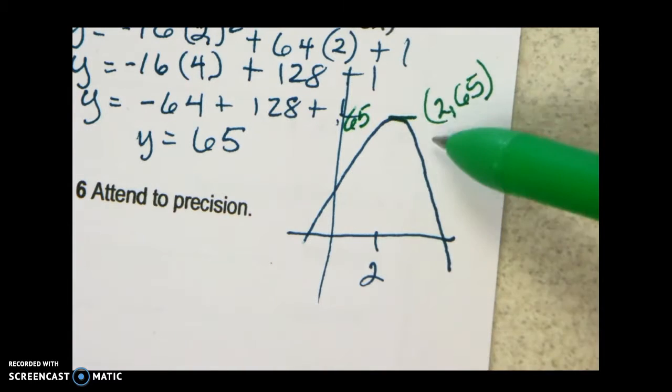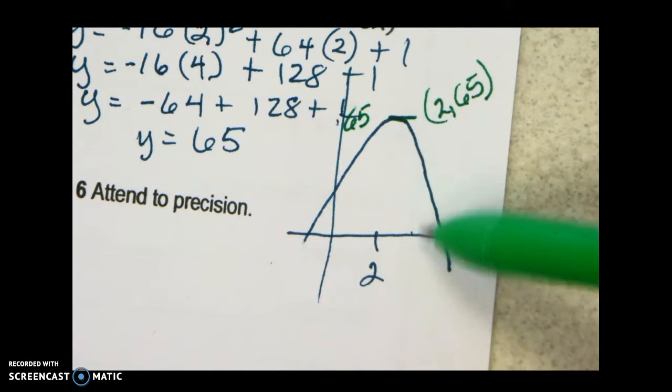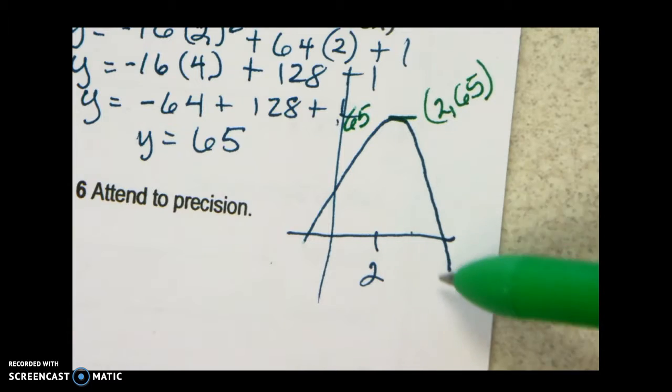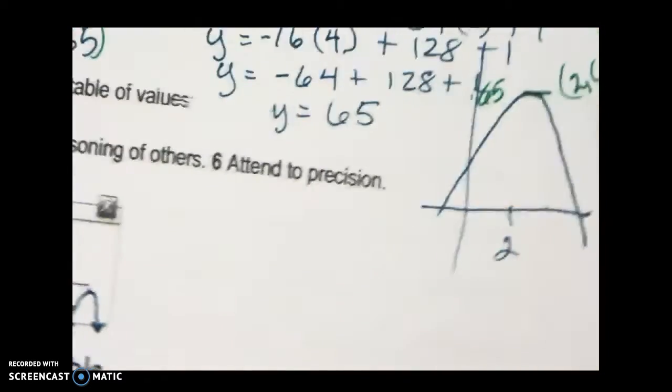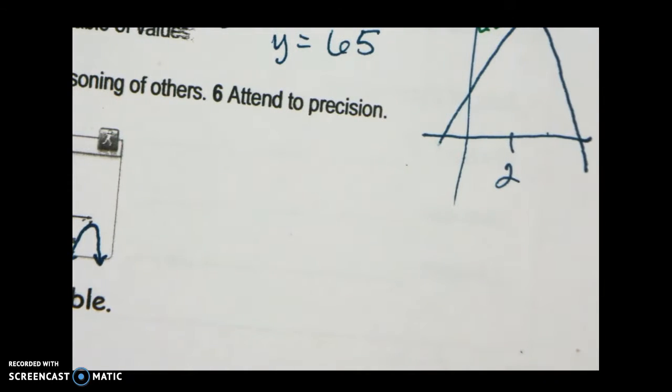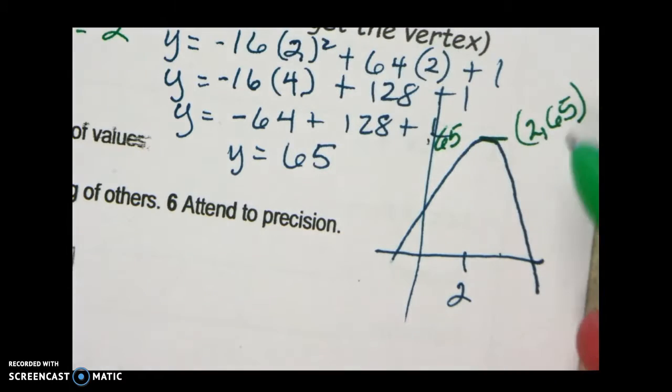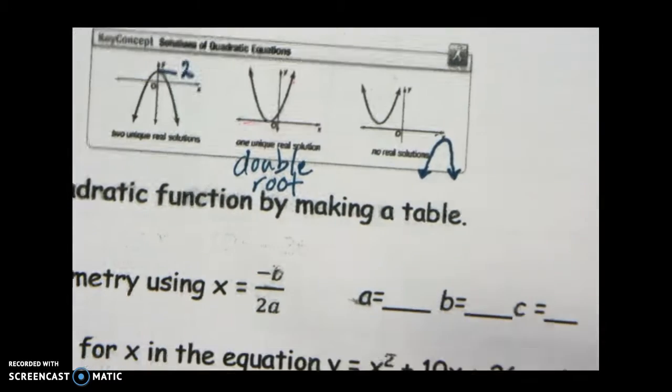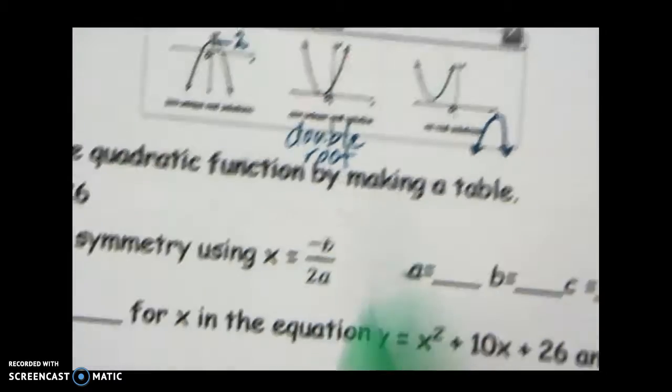So my range would be y is less than 65. Okay, that's what we mean by range. And it is always the y value of the vertex. A range will always be the y value of the vertex.